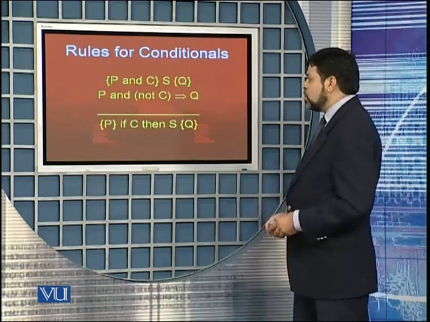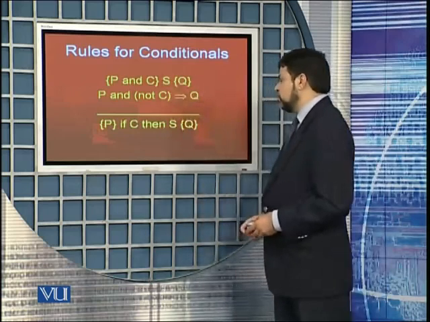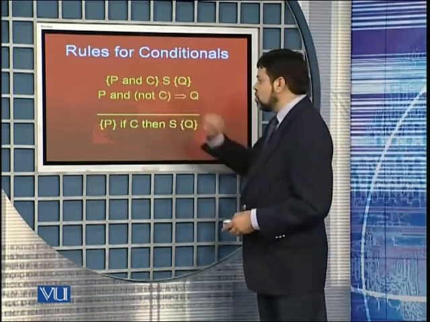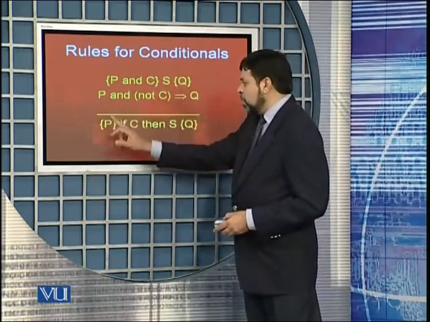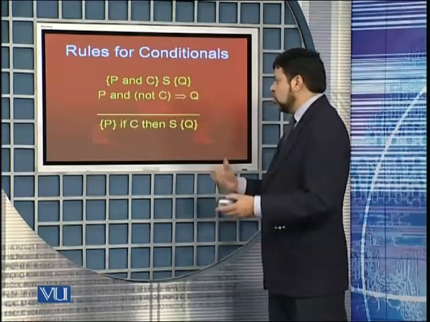The second part is C was not true. When C is not true, we get P, which is true, and not C. That means C is not true.